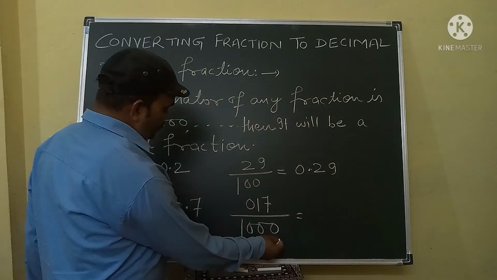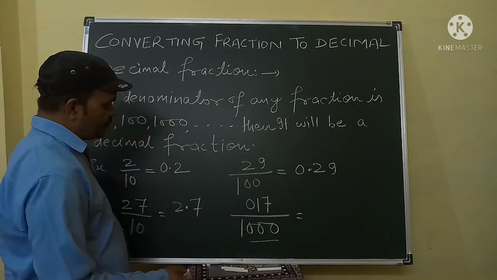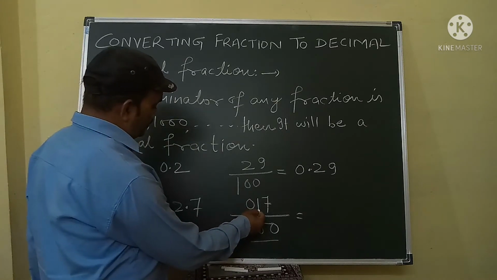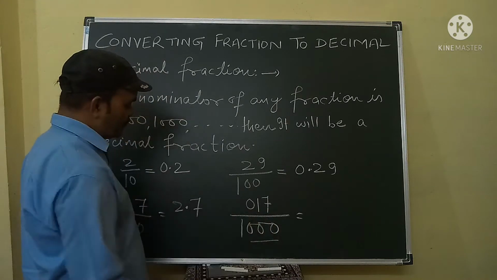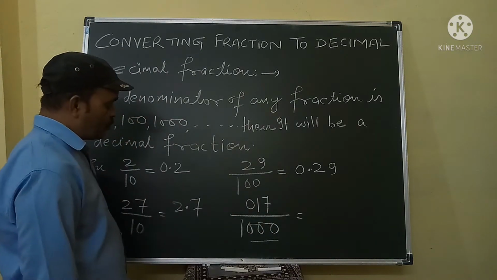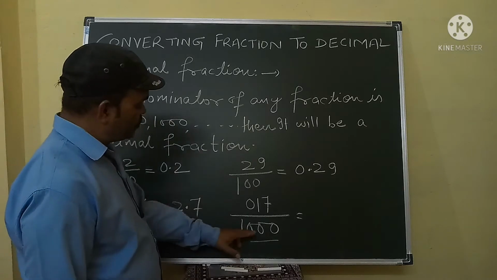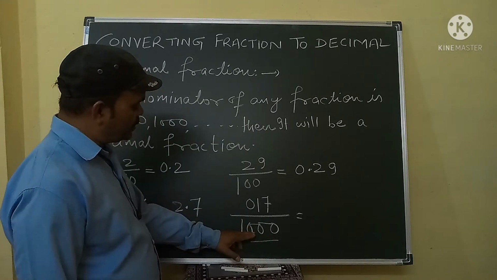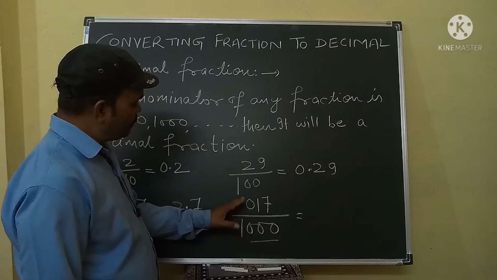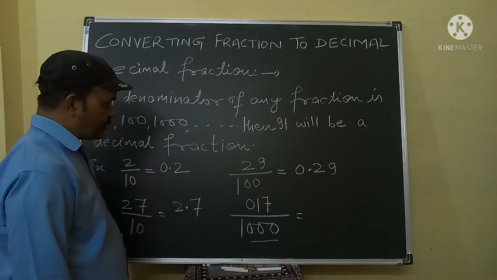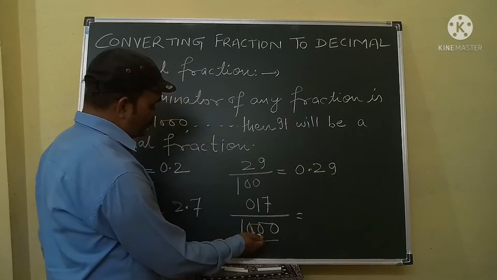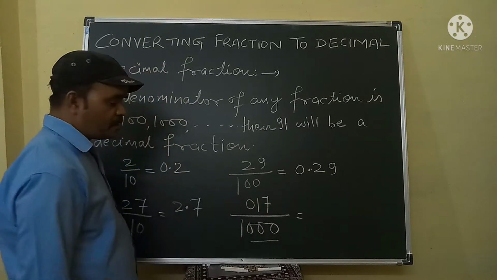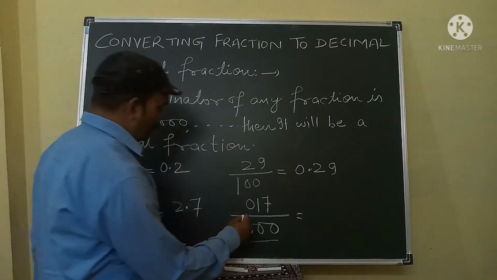So the number of 0 is 3, and now in the numerator the number of digits is 3. According to the number of 0 in the denominator, we will put the decimal point. That means the number of 0 is 3, so before 3 digits we will put the decimal point.